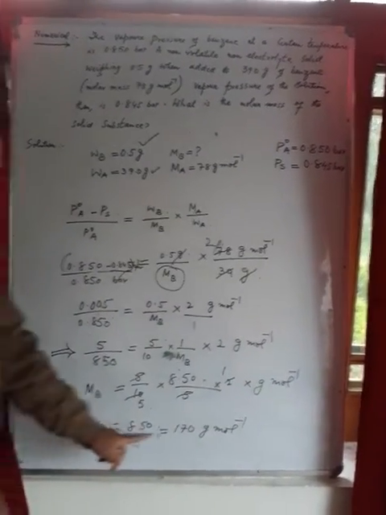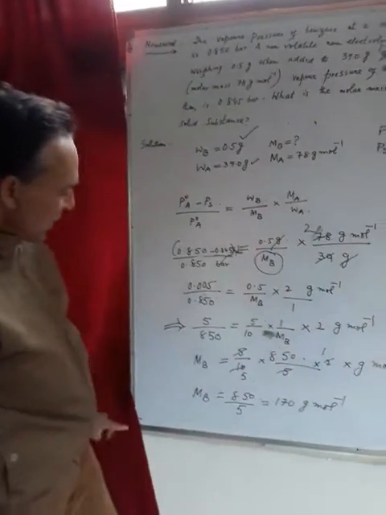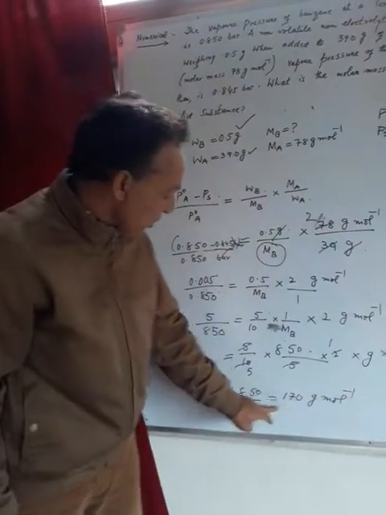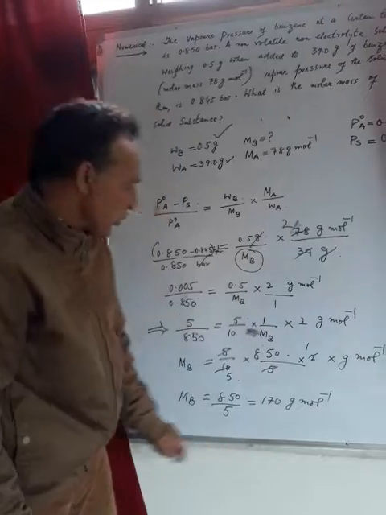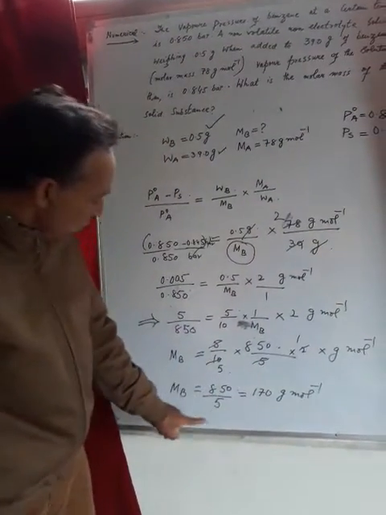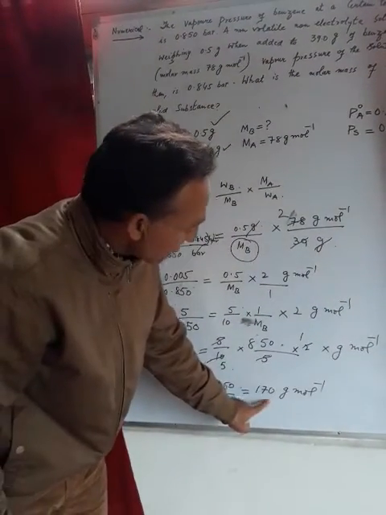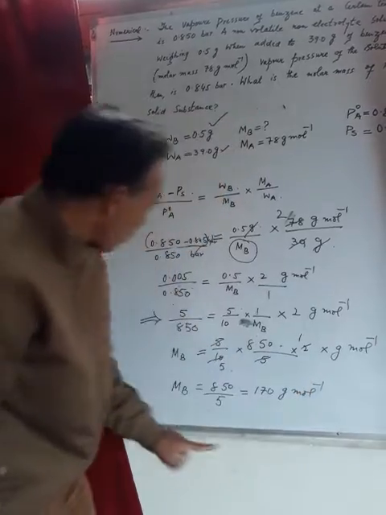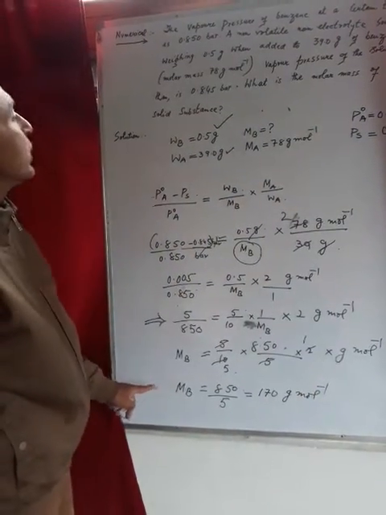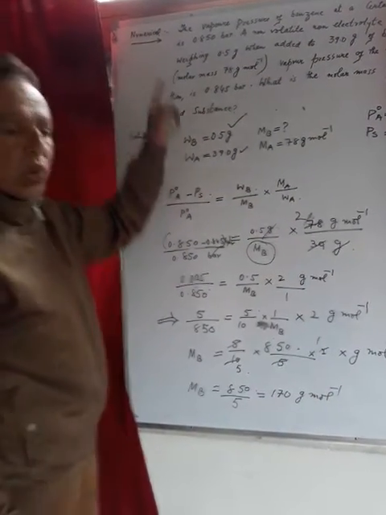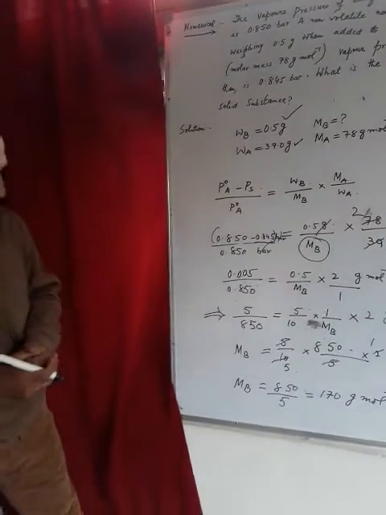In this way we have calculated the molar mass of the non-volatile solute, which is equal to 170 grams per mole, by this relative lowering of the vapor pressure.